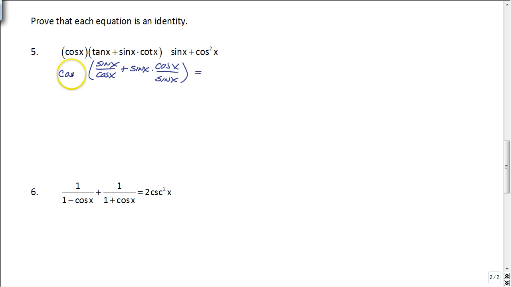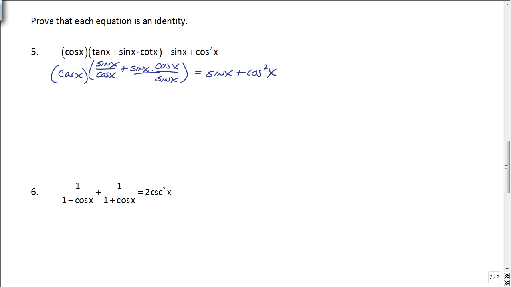And of course you have your cosine x in front, and that's equal to sine x plus cosine squared x. So what I did there is simply get rid of the tangent and cotangent, so we are in terms of sine and cosine because that's what the right side looks like.